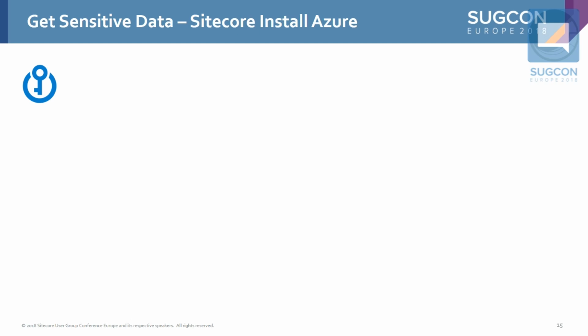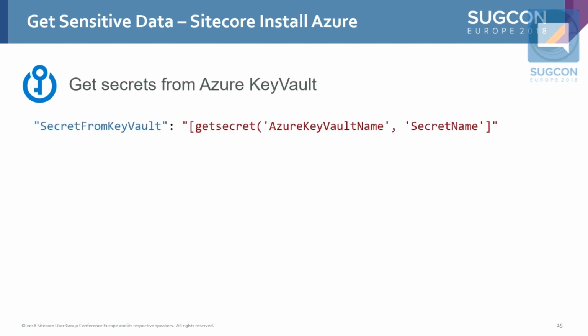But if we store all this information in Azure, we need to get this information back to our scripts somehow. And for this purpose, there is the config function get secret. We just need to pass the key vault name and our secret name.